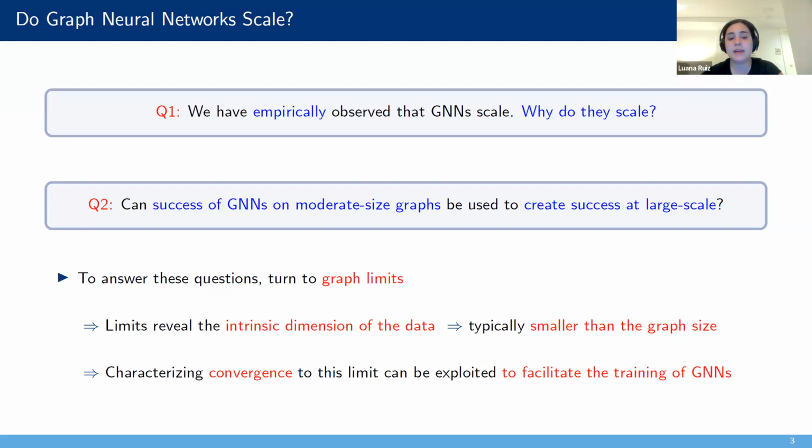And because, if we're able to characterize the convergence of the machine learning models on sequences of graphs to this graph limit, maybe we can learn something from this analysis that can then be exploited to facilitate the training of graph neural networks for large-scale graphs. And again, I'll be more clear about this point in a few slides.